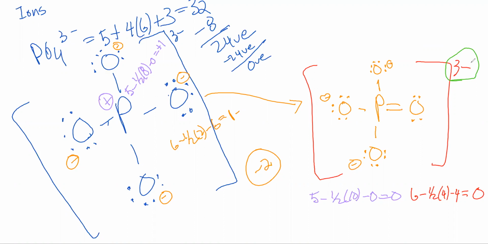This should match the sum of all those pieces on the inside. And you can see for both of them, they did match. 3-, we have 3 minus charges. 3 minus, we had 4 minus charges, but we also had a positive. So those two things should always match up. So now that we've seen our two options, we know that this one should be our better structure. That should be the one that we're drawing.